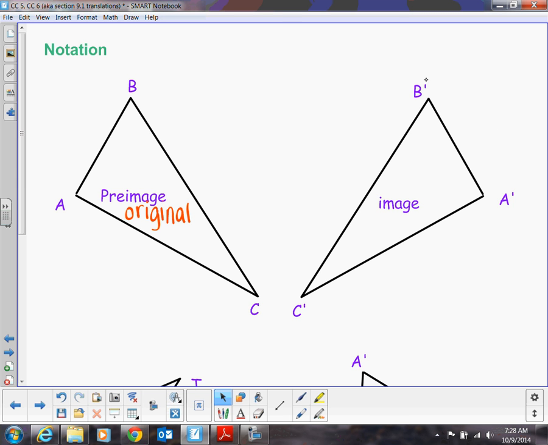A prime, B prime, C prime tells us that that is the image. I can't label this vertex A because this is A, so we make that A prime, so that you know that this is the image of this, that this vertex matches this, and that vertex matches that.